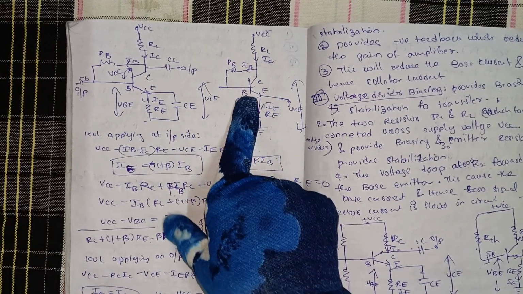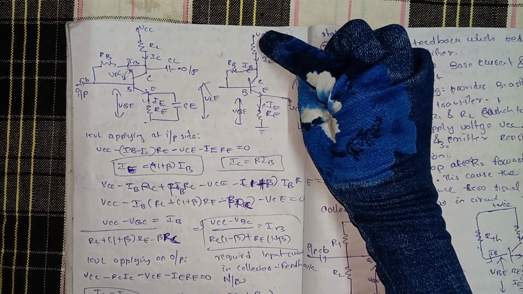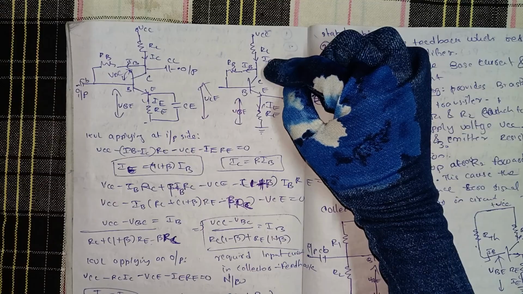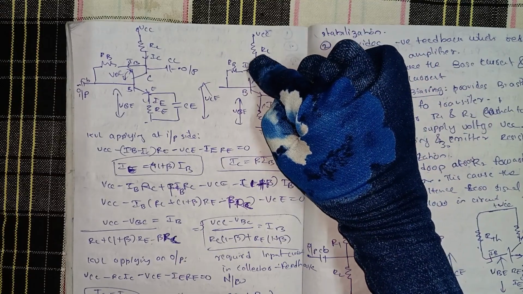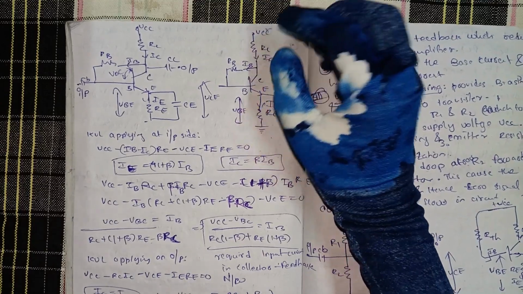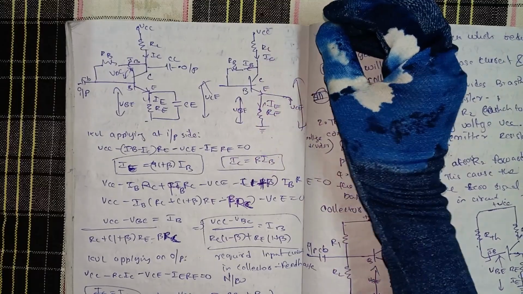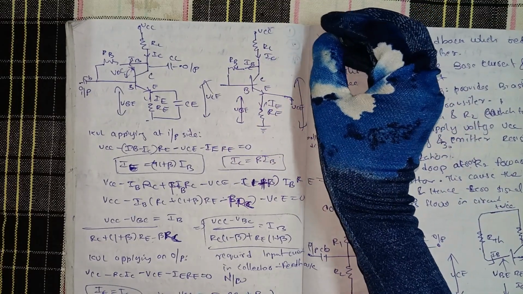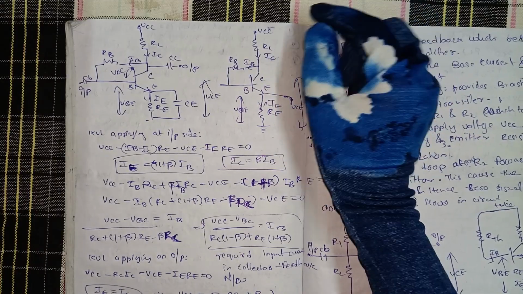So VCC minus IB minus IC into RC. Here the base current is also combined with the collector current, so we are removing the base current from the collector current, so we obtain the total collector current.